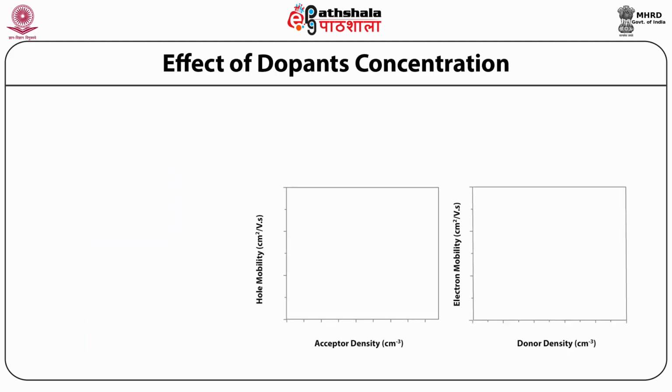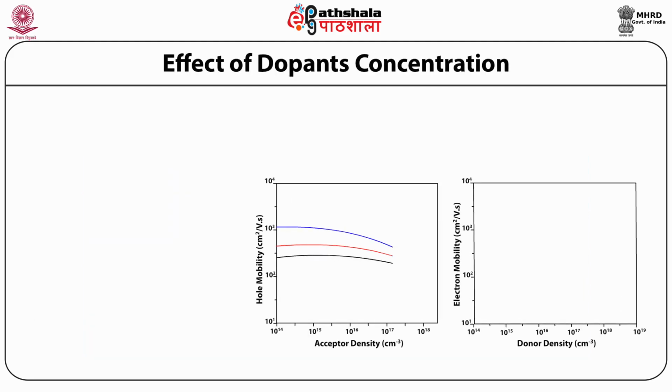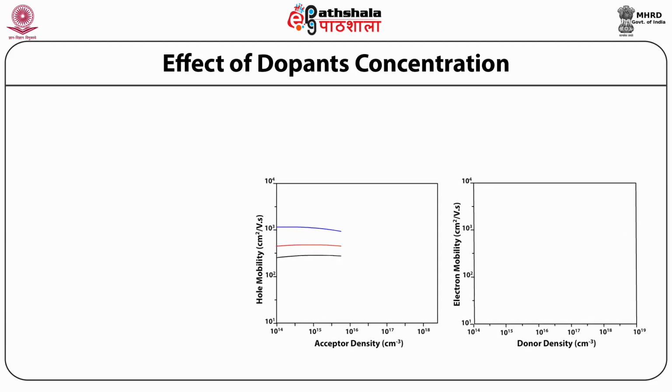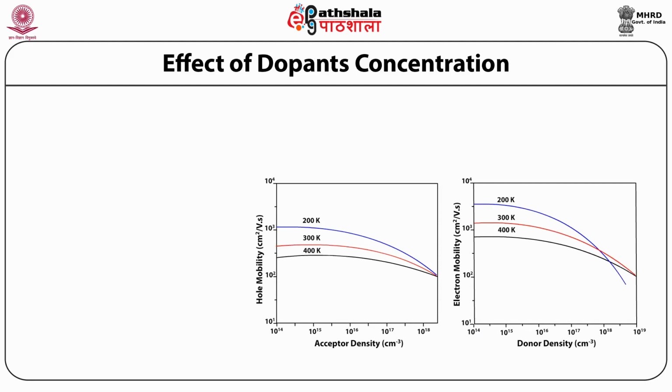The figure shows the donor and the acceptor concentration, that is N_D and N_A, affects the mobility and the lifetime of minority charge carriers significantly.